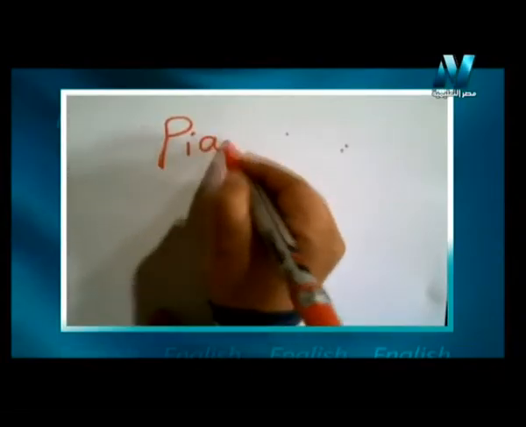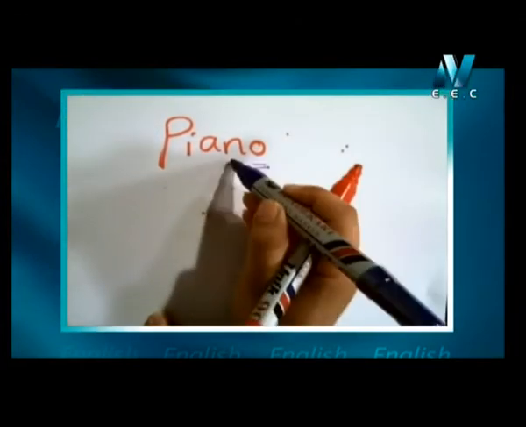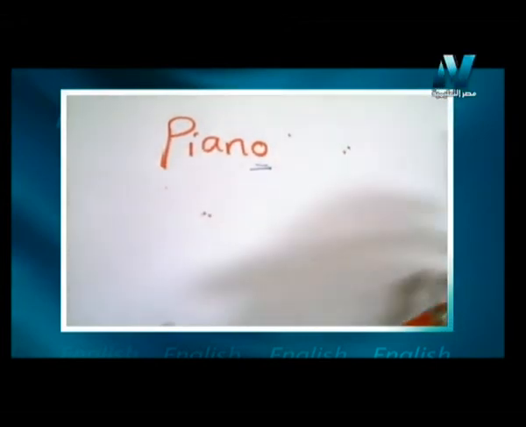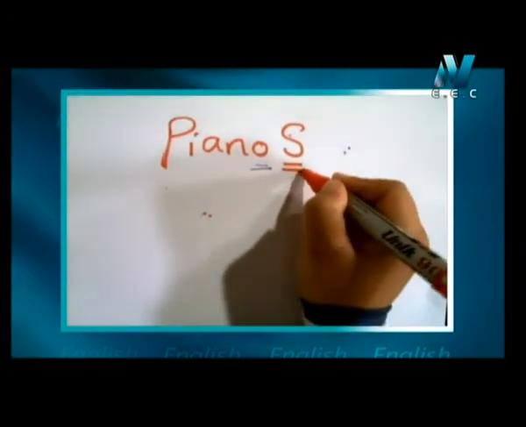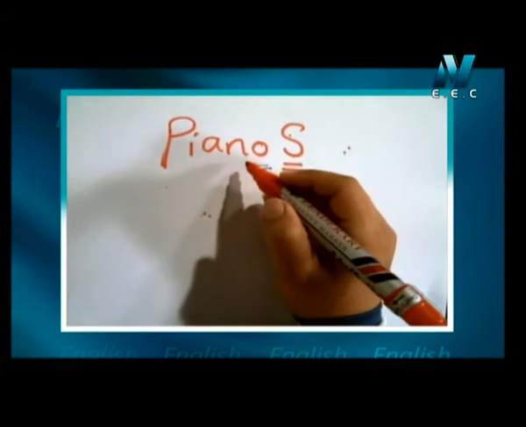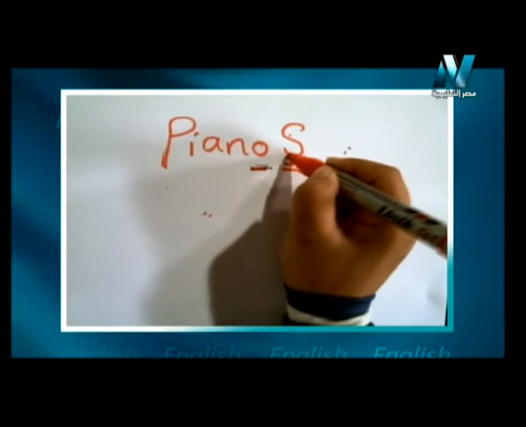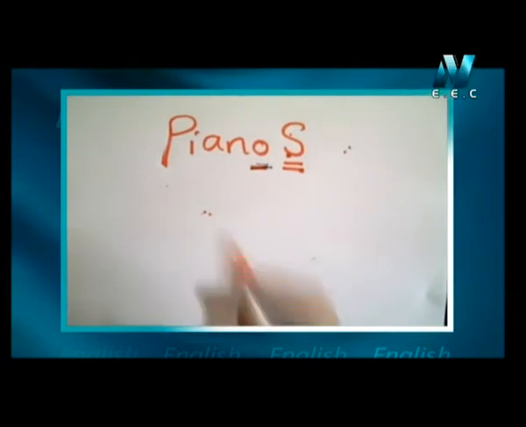What else can I add S to? If I have a musical instrument like piano, it ends with O, آخرها O, and before the O we have a consonant, قبلها consonant. It doesn't mean that I'm going to add ES. No, I'm going to add only S. ليه؟ لأنها musical instrument. أي musical instrument منتهية ب O, I'm going to add only S. What else? If I have an abbreviation, abbreviation يعني اختصار. Like photo.